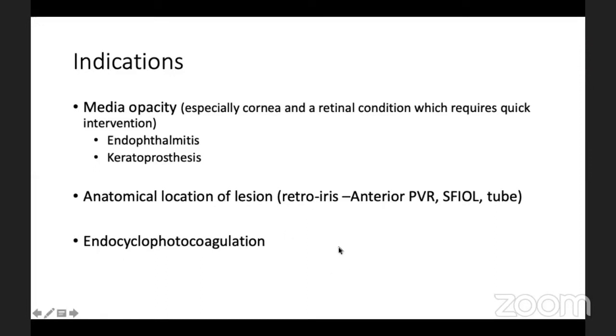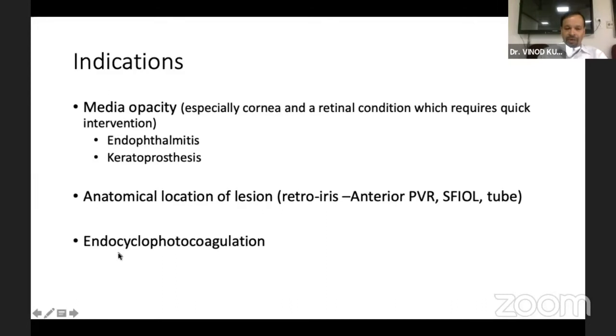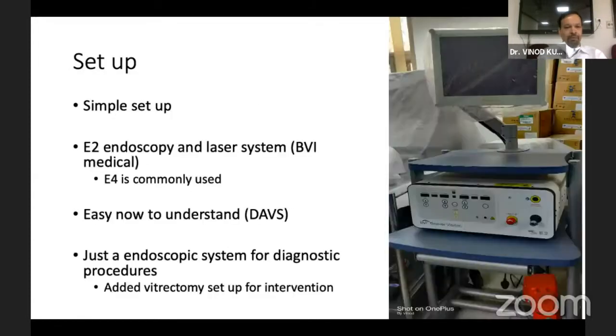Not important from the retinal perspective, but endocyclophotocoagulation, whenever required, may also be done with the help of the endoscopic system. Now coming to the setup, it is a simple setup. This is the system we have at RP Center. It is the E2 system, an endoscopic and laser system.